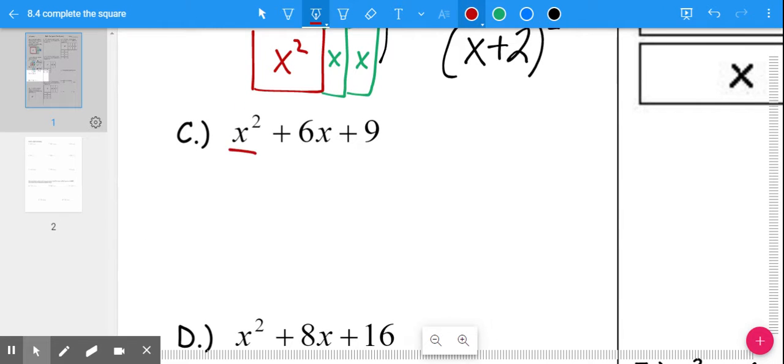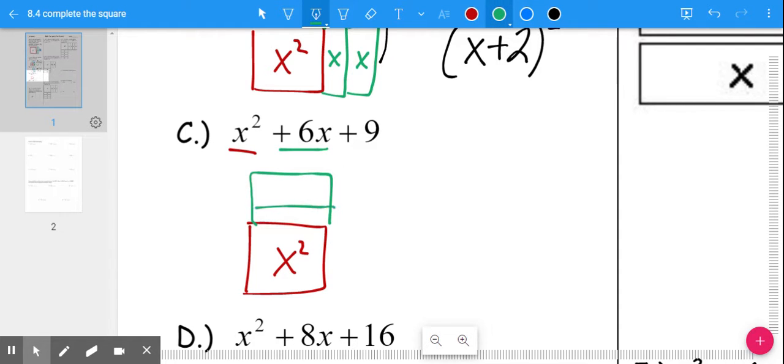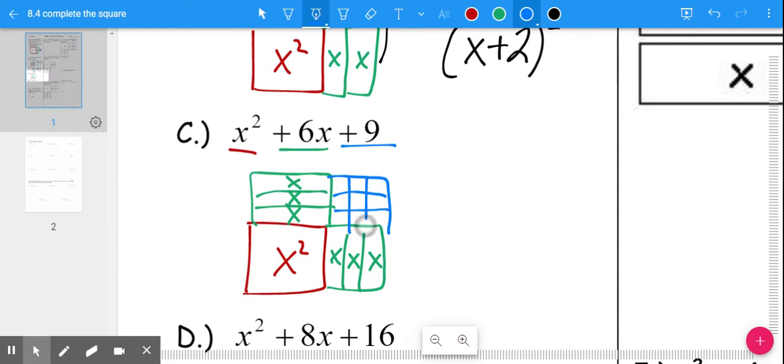So we start off with an x squared. Now we have 6 x's. So I'm going to add 3 to this side and then 3 to this side because we want to keep it a square. So then that leaves us with 9 ones. So there's my 9 ones.